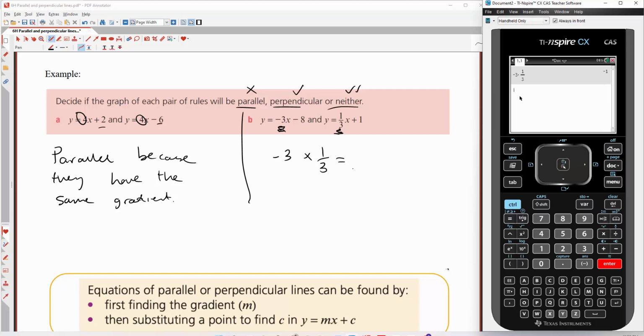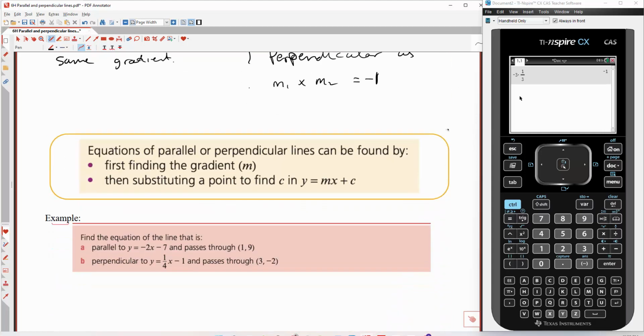So that by hand would be negative 3/3, which is negative 1. And we're going to say that they are perpendicular, as m1 times m2 does equal negative 1. If it was a number other than negative 1, we'd say that they are neither parallel nor perpendicular.